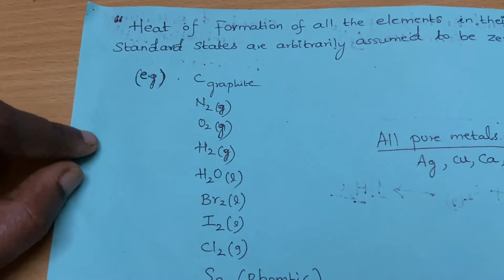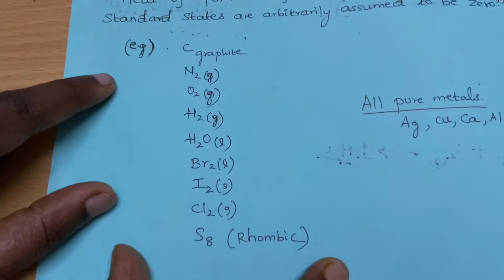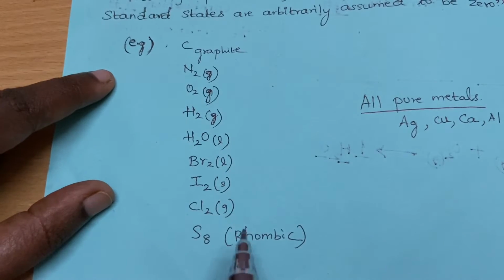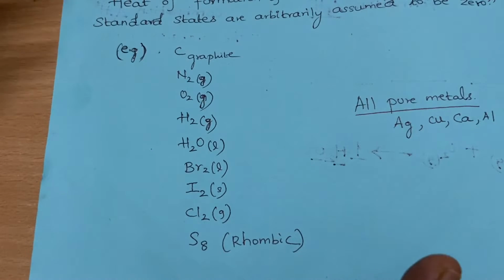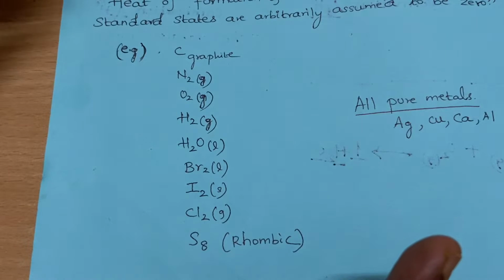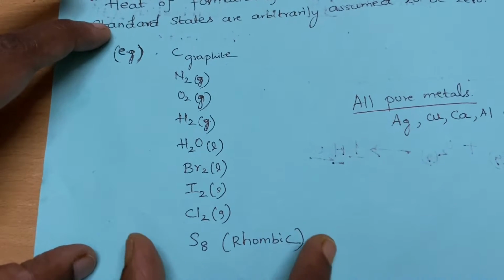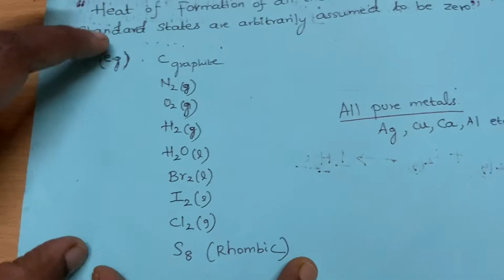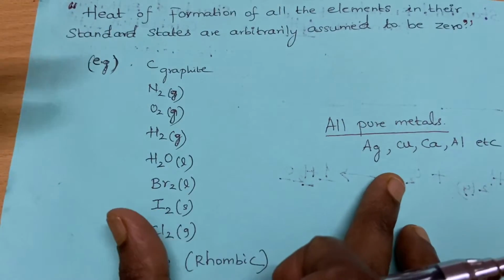Why have we arbitrarily assumed them to be 0? Because these elements occur in nature. We did not supply any energy to prepare them, isn't it? They are already available in nature. So the standard enthalpy of formation of these elements is taken as 0.